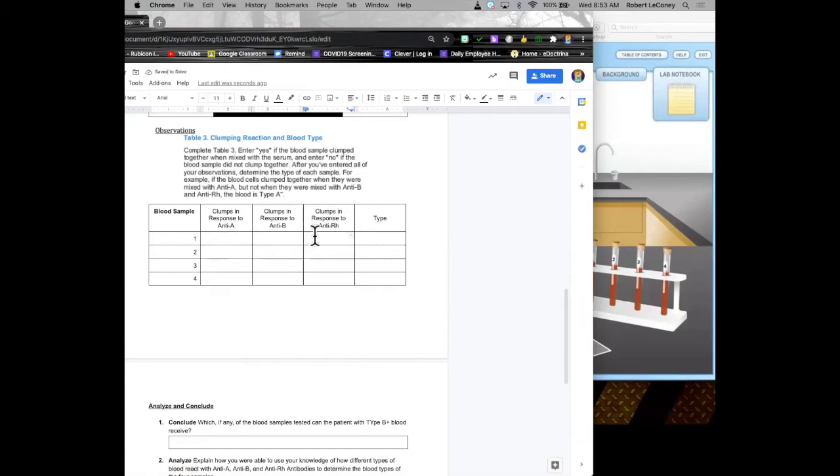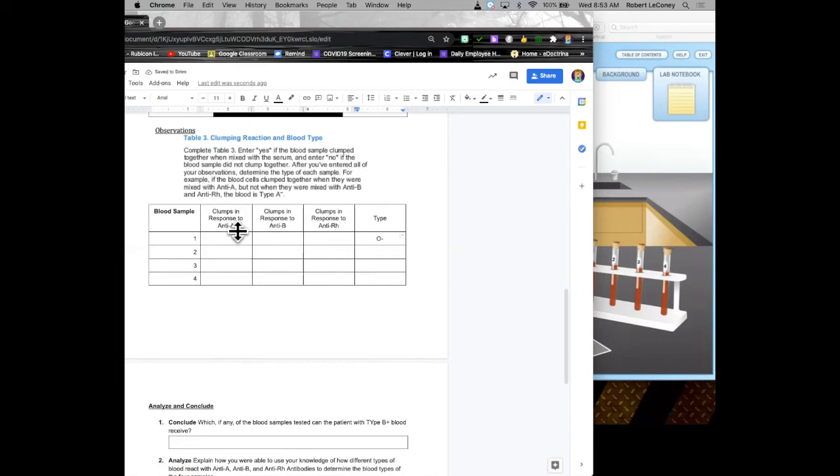And then you're going to look at all three of these and determine, is this A positive, A negative, B positive, B negative, AB positive, AB negative, O positive, or O negative.